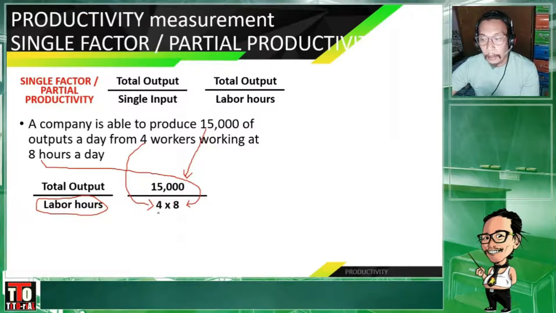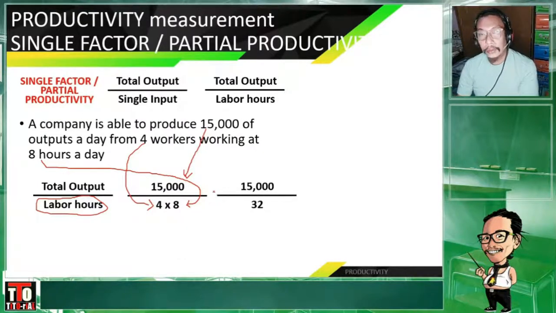So, we have to multiply 4 times 8. Okay? Para makuha natin yung 32 total labor hours para makapag-produce ng 15,000. Kasi each of the manpower that you have is working 8 hours para makapag-produce ng 15,000 na laptop. Kaya kailangan natin i-multiply na 4 times 8 para makuha natin total labor hours.